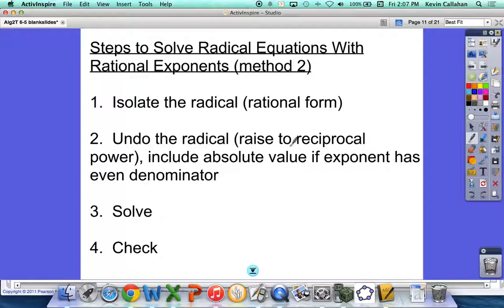And then to undo it, you're going to raise to the reciprocal power. And we'll see what that means on the next slide. And then we're going to have to include absolute value symbols when necessary. And you'll see what we mean by that. It's the same basic 4 steps that we started with, but it means something just a little bit different if you're starting with a rational exponent.